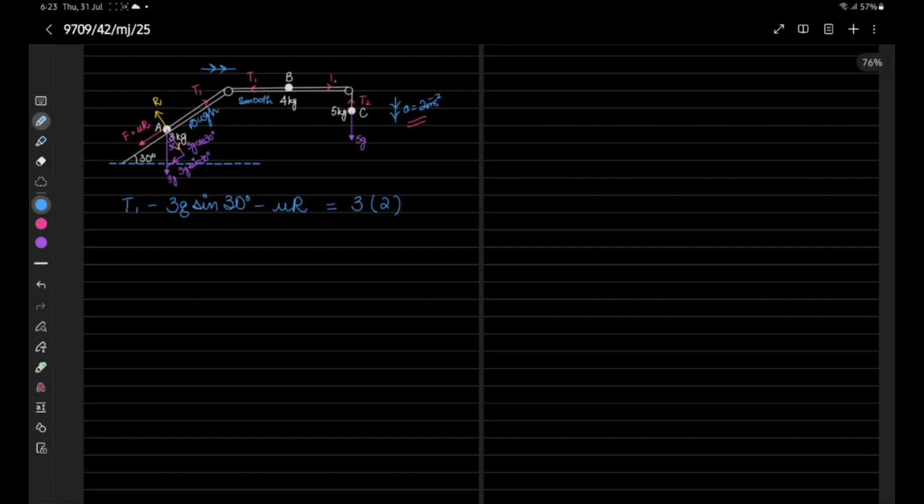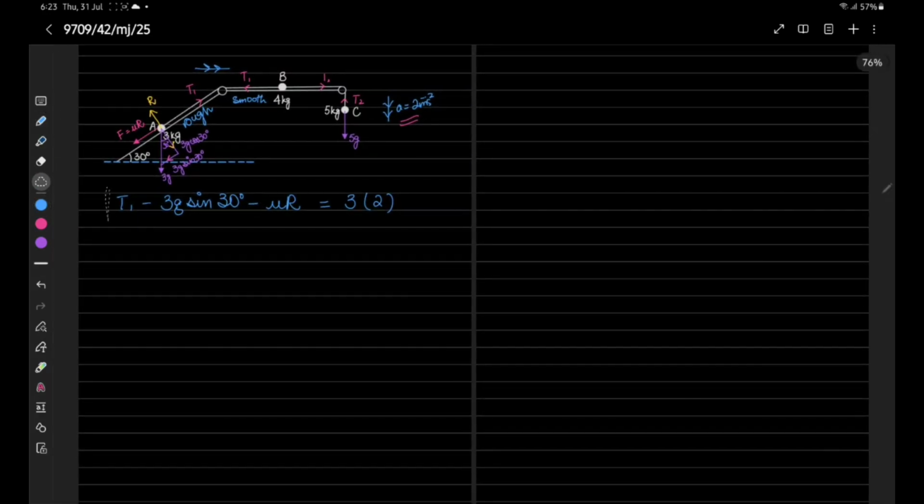For R, let's write what is R. Your R is going to be equal to 3g cos 30. Cos 30 is root 3 over 2 times 3 times 10 will give you 15 root 3.